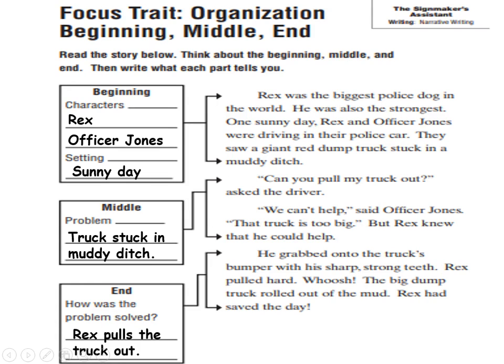The setting was a sunny day, and in the middle part, there was a problem that our characters faced, and it was a truck stuck in a muddy ditch. And in the end, the characters found a solution for this problem. Rex the dog pulls the truck out of the mud. So, in the end part, the problem was solved.